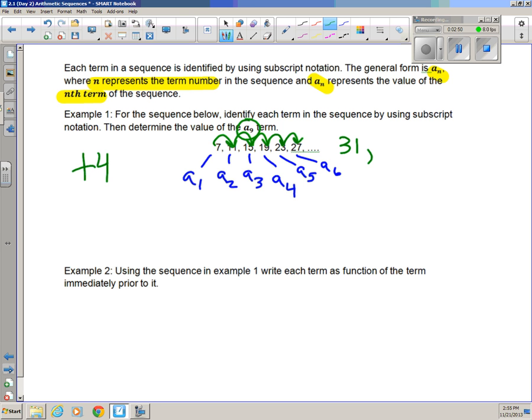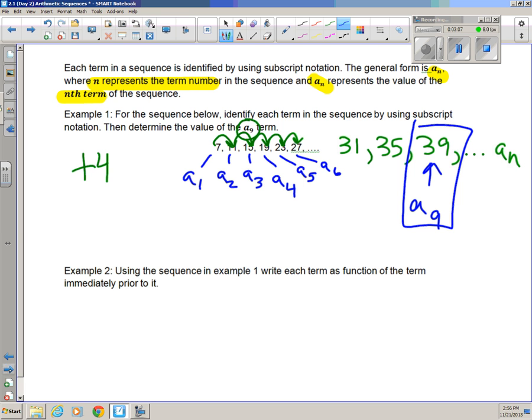Add 4 more to 31, I get 35. Add 4 more, I get 39. I keep going until I end up where I want to end up. This term right here is A sub 9, my 9th term. So A sub 9, the 9th term, happens to be 39.